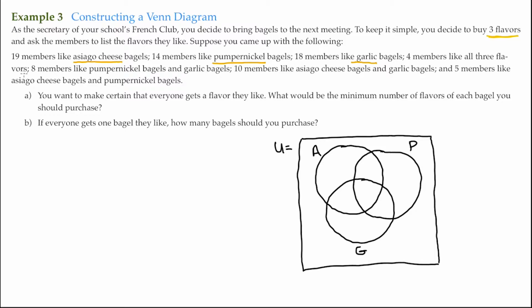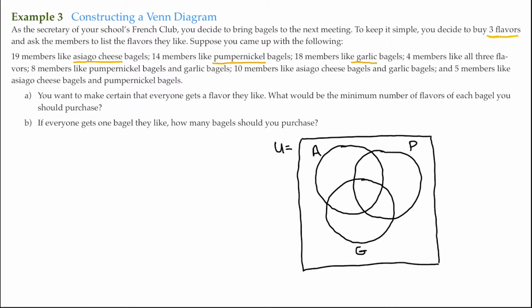So again, it says 19 members like Asiago cheese bagels, 14 members like pumpernickel bagels, 18 members like garlic bagels, 4 members like all 3 flavors, 8 members like pumpernickel bagels and garlic bagels, 10 members like Asiago cheese bagels and garlic bagels, and 5 members like Asiago cheese bagels and pumpernickel bagels.